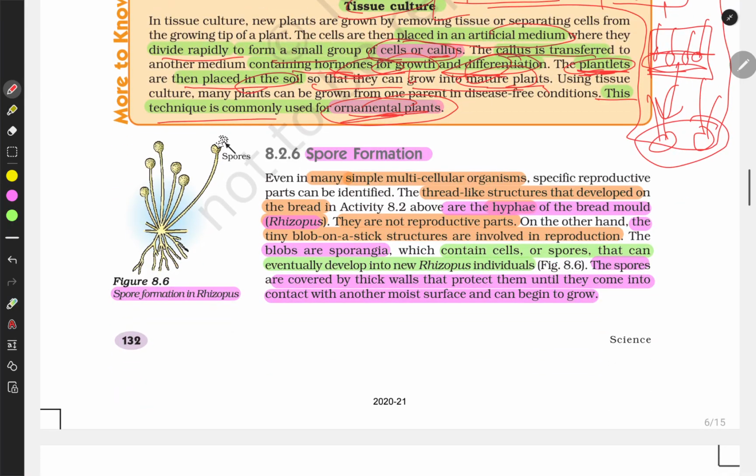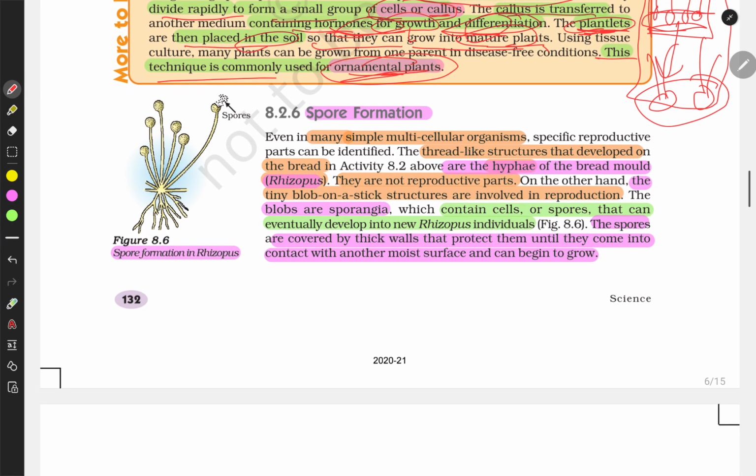And another type of asexual mode of reproduction is spore formation. So what happens in spore formation? Even in simpler multicellular individuals, the specific reproductive part can be identified. The thread-like structures that develop on the bread are hyphae of the bread mold Rhizopus.